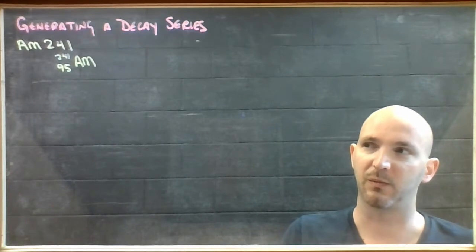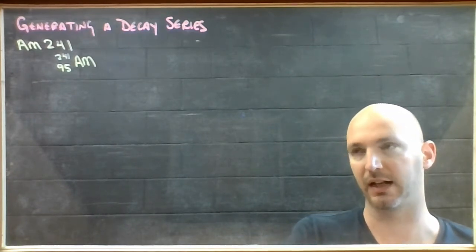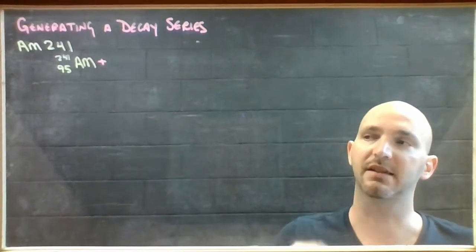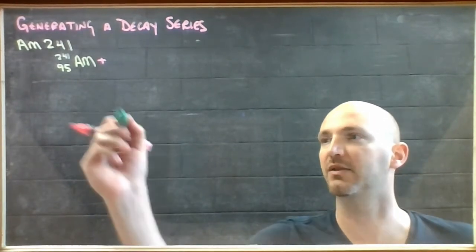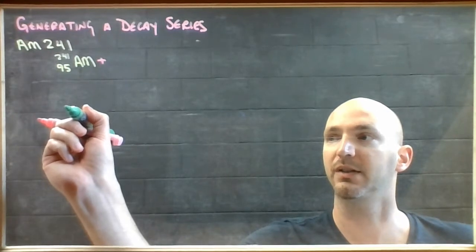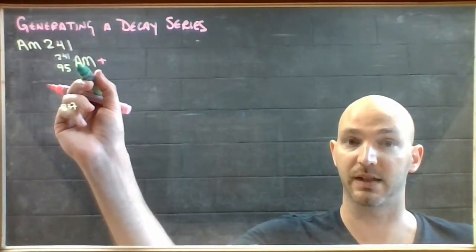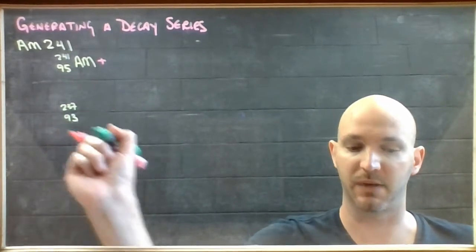So when it emits an alpha particle, I can maybe put a little alpha beside that, it's going to shed 2 protons and 2 neutrons. So that means it's going to end up as something with only 237 particles in its nucleus, and the protons will have reduced by 2 to 93.